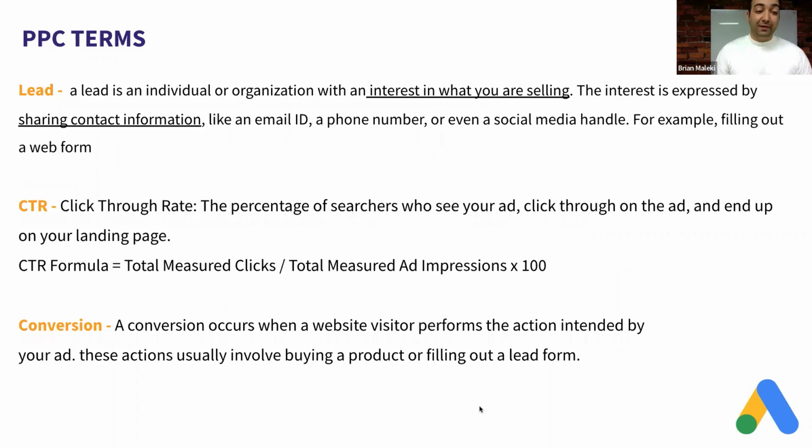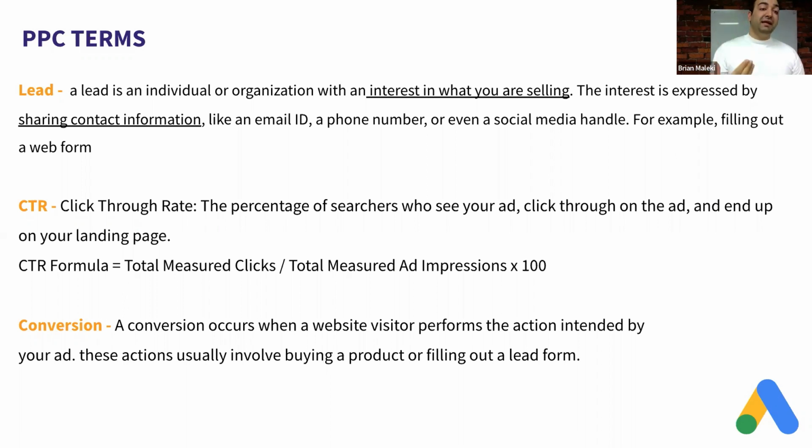After that, we have lead. We need to understand lead is a prospect who is interested in what you are selling. Leads actually are individuals or organizations who are interested in working with you. They share their information, their contact info, with you to get a callback, or you follow up with them and see what they want.